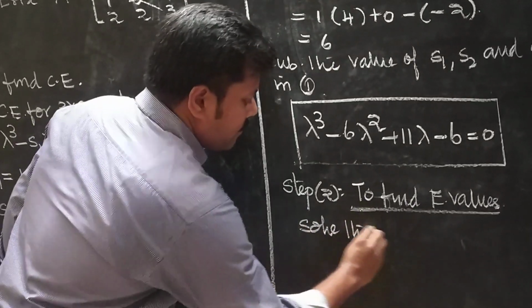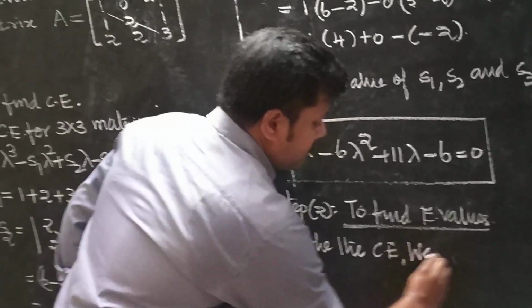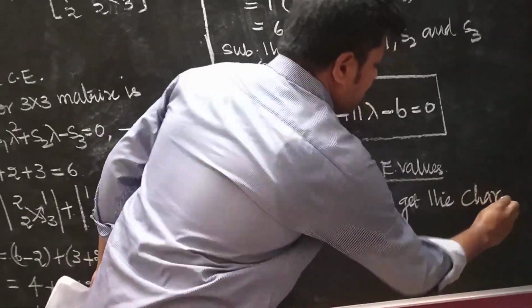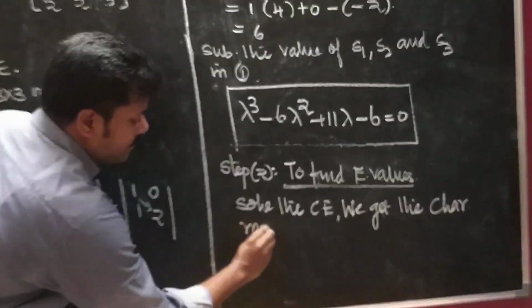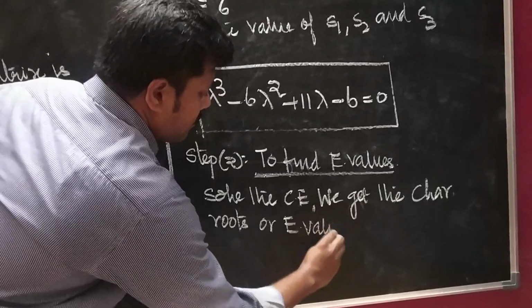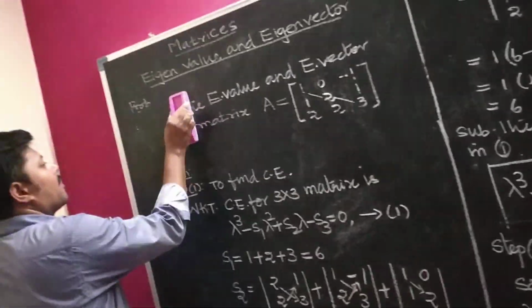So solving the characteristic equation, we get the characteristic roots or eigenvalues. So for the characteristic equation of a 3 by 3 matrix, solve by synthetic division.